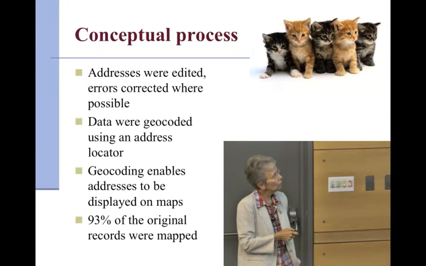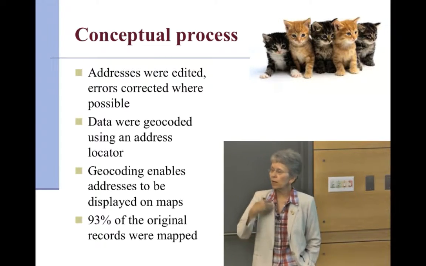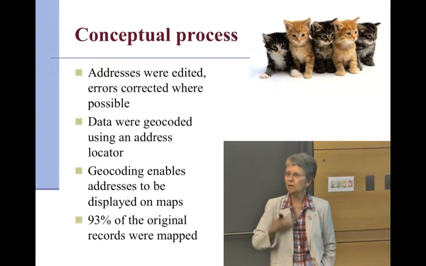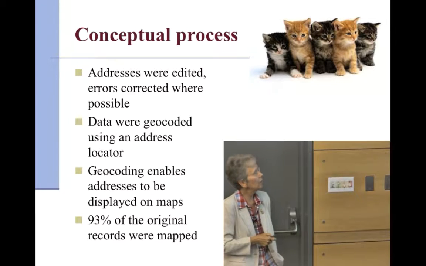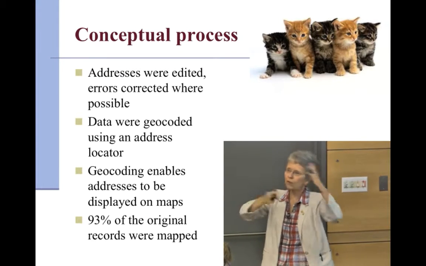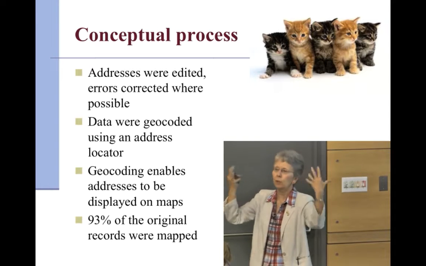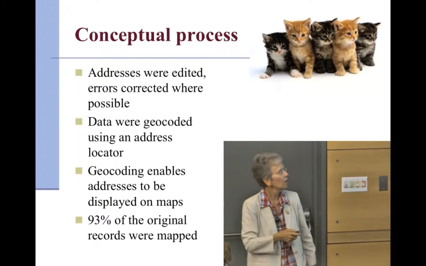And then we looked at all the addresses. They were heavily edited. This takes some time. This is the tedious part about it, okay? Data were what we call geocoded. There's a special feature within the software that enables you to do this.